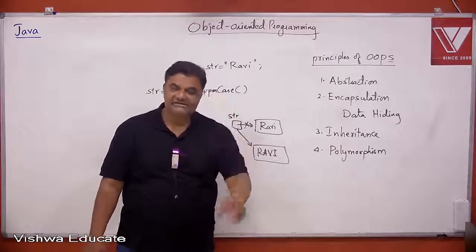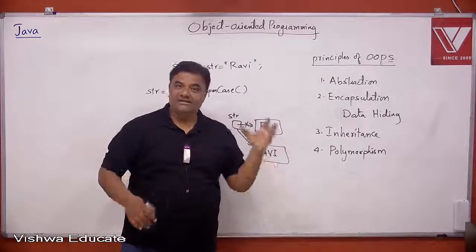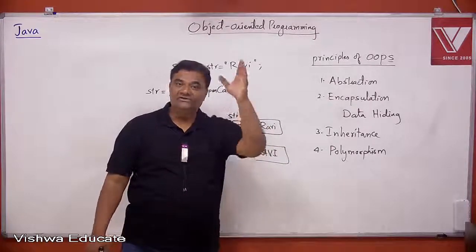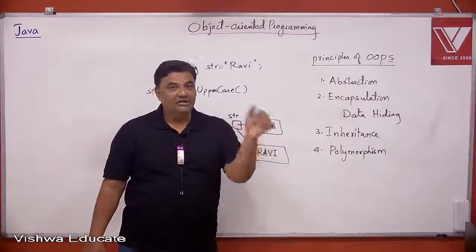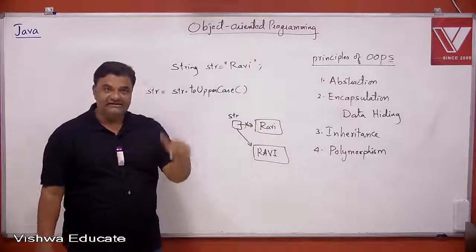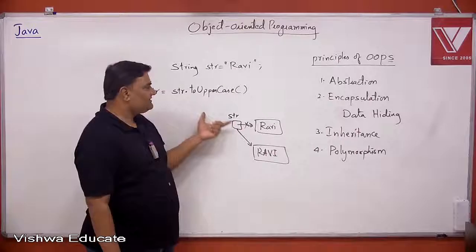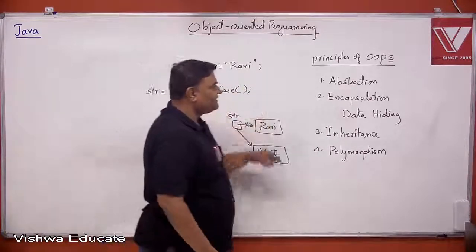Actually, just leave the string class. This is a very common thing. Now I will bring one more built-in class of Java, then I will show you the methods. This method will do this. Can you tell the logic behind every method? No. Then that's it.